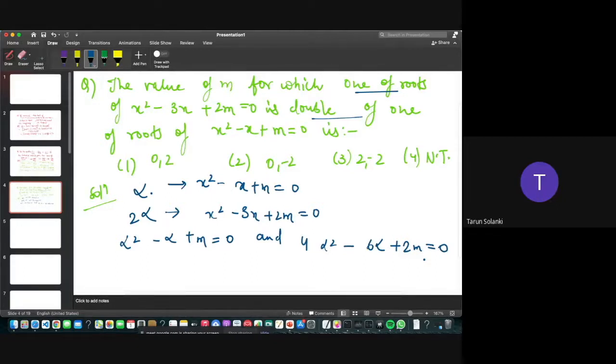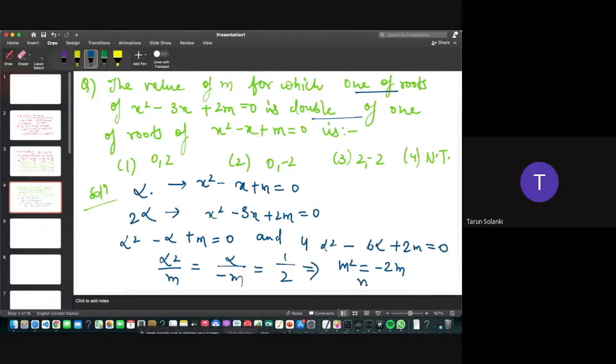Right? Now compare the terms. Okay, so alpha square by m is equals to alpha by minus m is equals to half. So here it will be m square is equals to minus 2m.